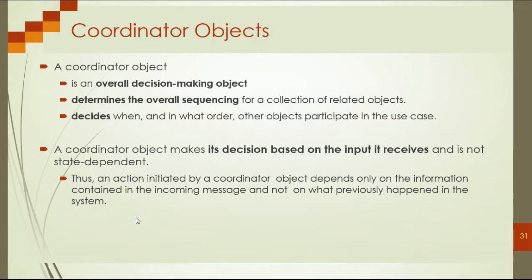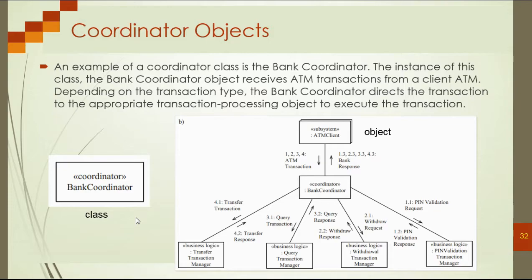So let's see an example of the coordinator. As I said, the control object or the coordinator is used to control other operations. In this example, the bank coordinator is the class.